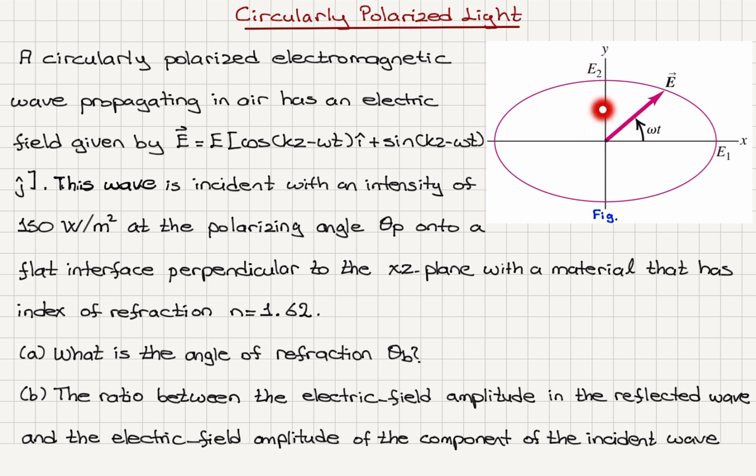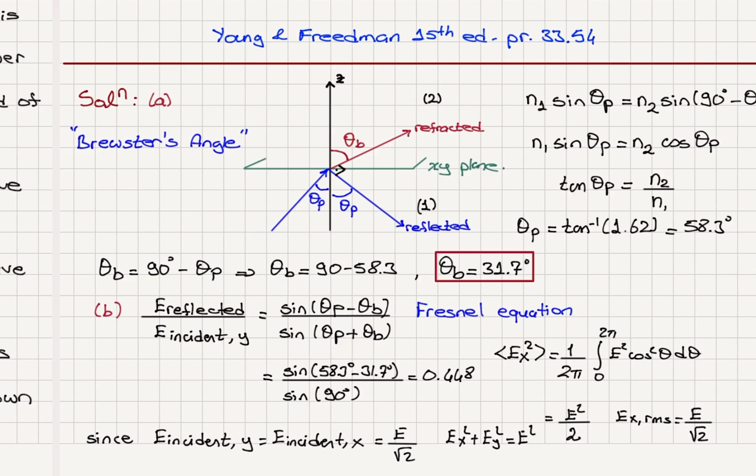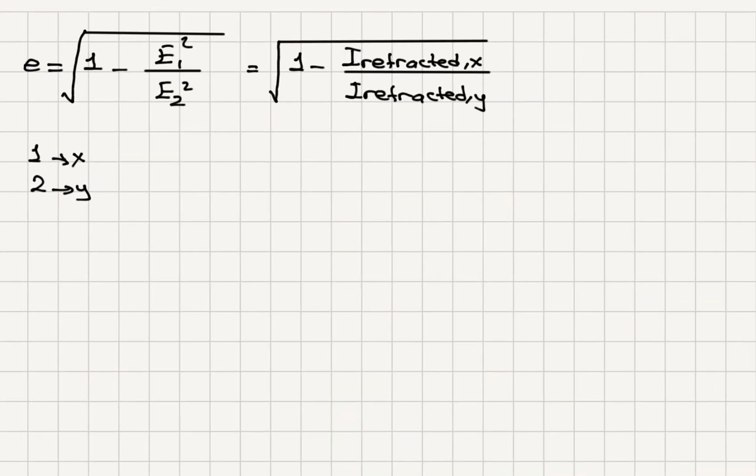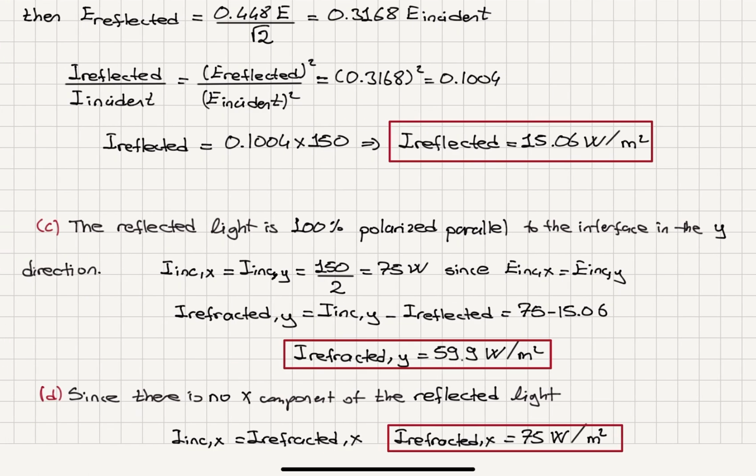The one that has the smallest number is the y component. Now we have found the intensity for the x component 75 watts per meter square and y component 59.9 watts per meter square.